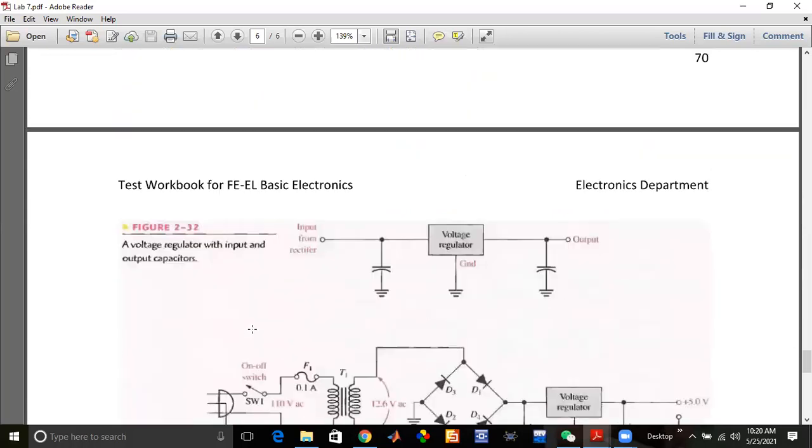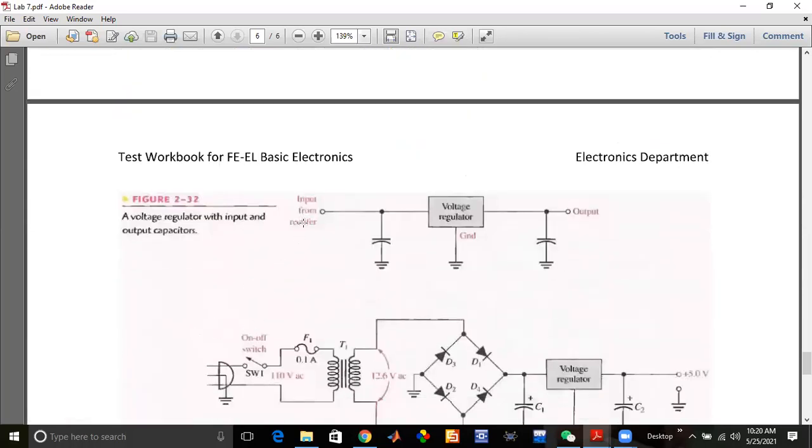For example, see here, this is the output of the rectifier, and it is the input from the rectifier. You see, this is the input from the outlet through a switch and plug, and this is the output of the transformer, and this output is given to the bridge rectifier, and this is the output of the bridge rectifier and input to the filter.